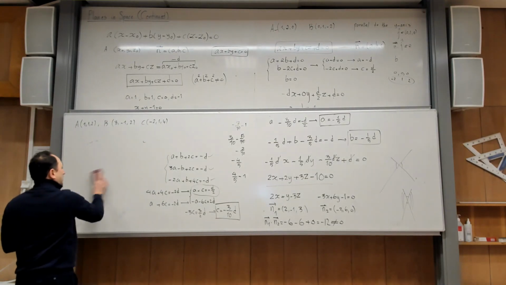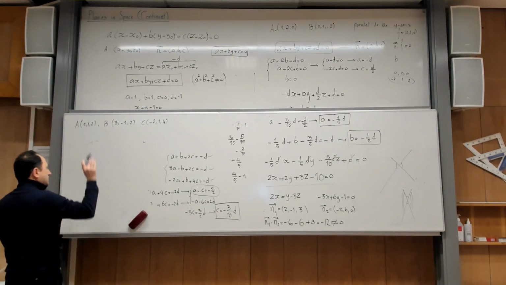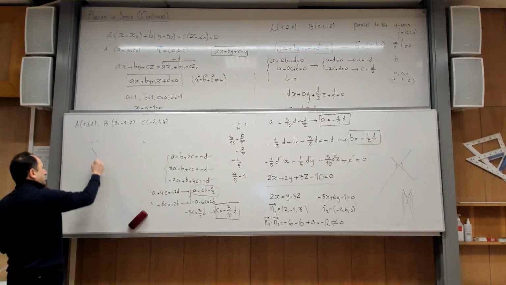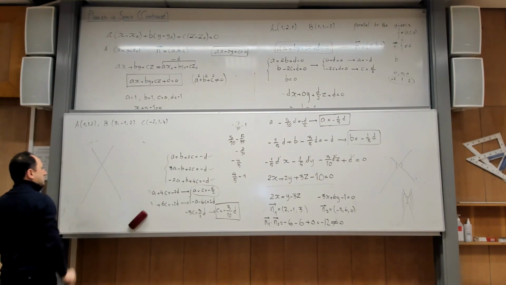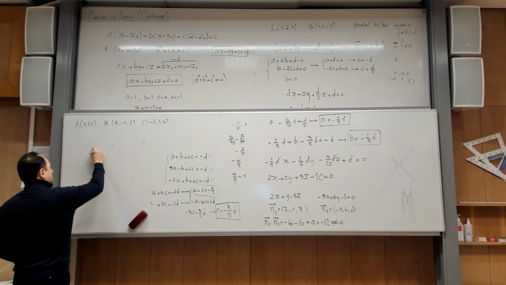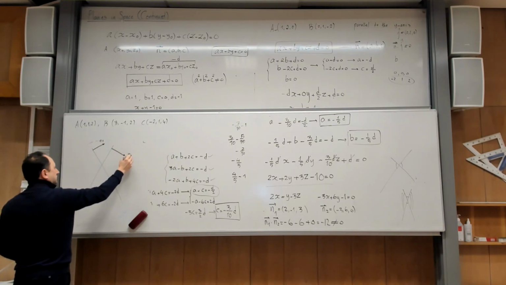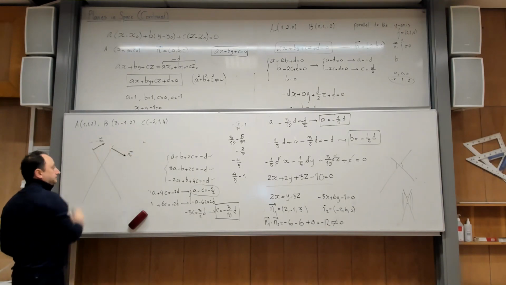Let me try to explain this properly. For example, let us see from above these two intersecting planes. Yes? What I know is that it might be the case that normal vector 1 is this vector and normal vector 2 is this vector. Agree? That is one scenario.